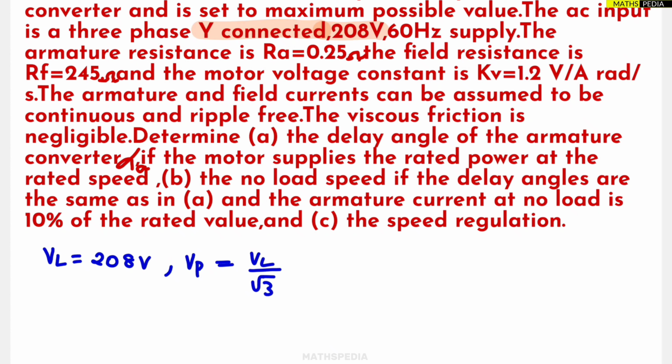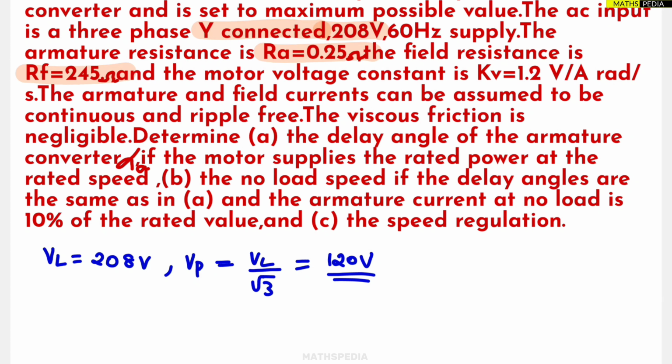This is for the star connection. If it is a delta connection, VL is directly equal to V phase. But since it is a star connection, V phase is equal to VL by root 3. So 208 by root 3 is 120 volts. Whatever is given will be considered as the line voltage.